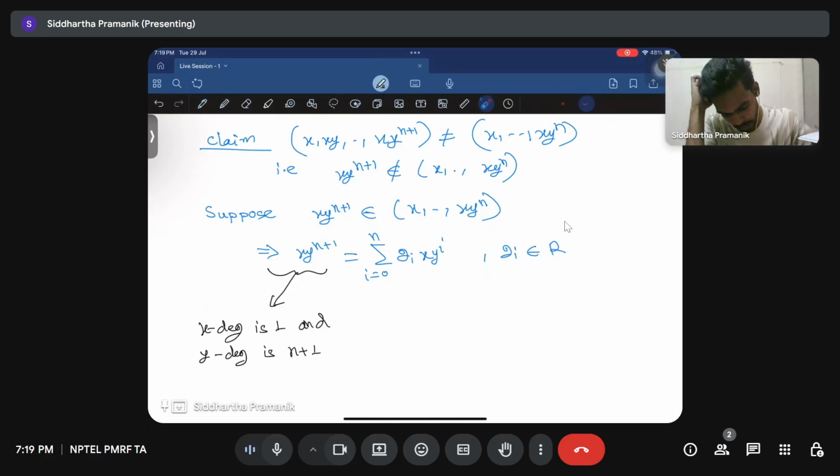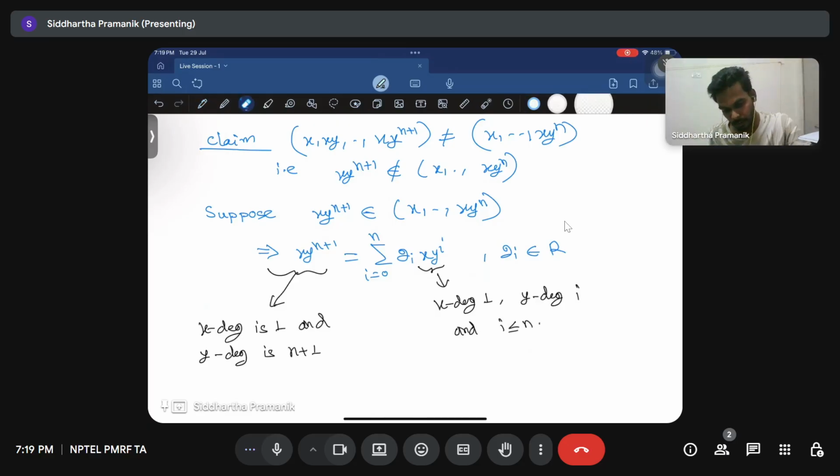But here, in this monomial, the x degree is 1 and the y degree is i, and i is less than or equal to n. So to get equality, the y degree of some g_i times x y^i must be n plus 1.